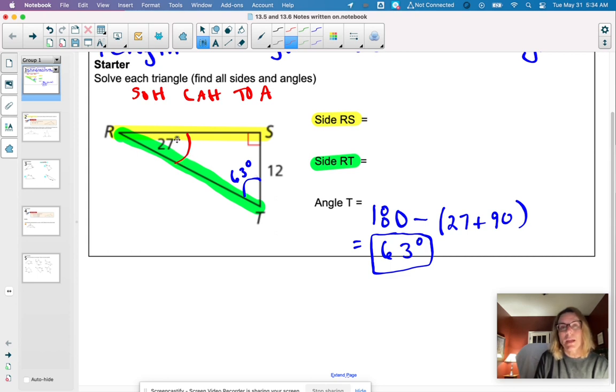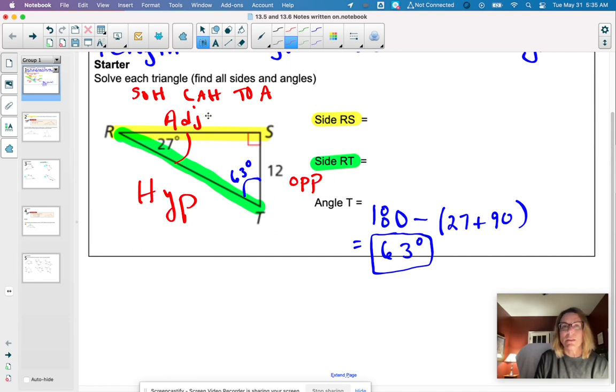If we're trying to find this side, which is RS, I would say the side opposite the 27 degrees is right there, and the side adjacent to the 27 degrees is right there, and this is called the hypotenuse.